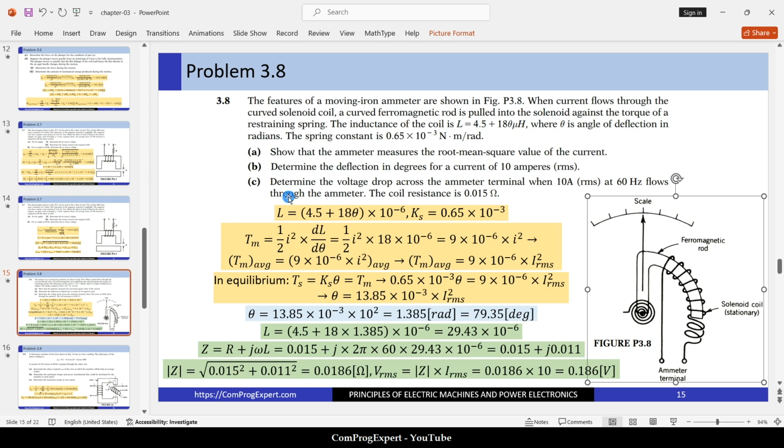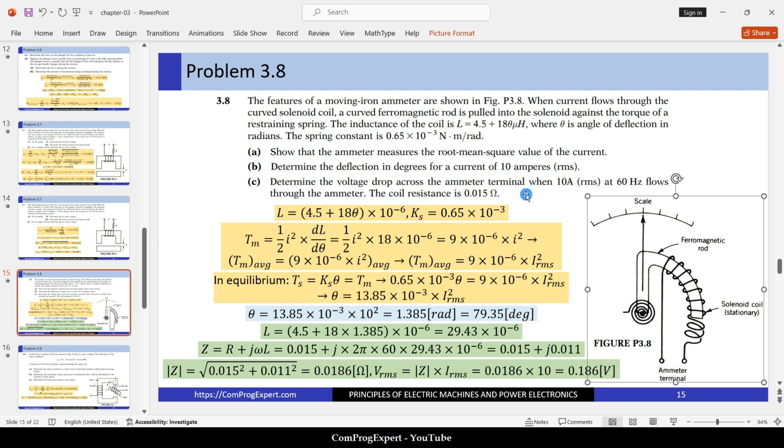Part C, determine the voltage drop across the ampermeter terminal when 10 ampere RMS at 60 Hz flows through the ampermeter. So when we have this current, and this is the frequency of the current, we have AC current. The coil resistance is also given here. For this condition, how much is the value of the voltage drop?